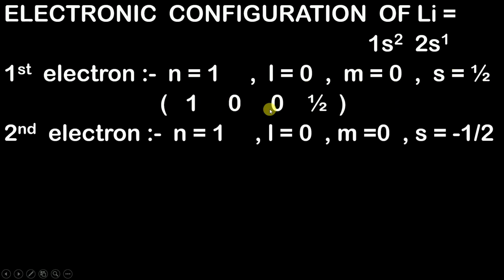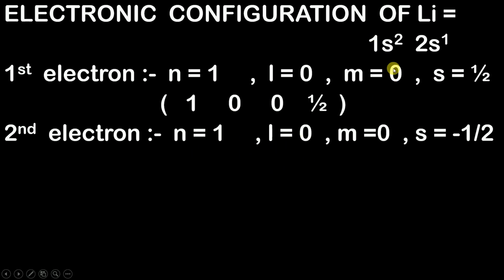The second electron is also in the 1s subshell. Am I right? So for the second electron, the value of n is going to be equal to 1. Why? Because it is present inside the 1s subshell, and in this 1s, this 1 is the value of n. Now why is l equal to 0?